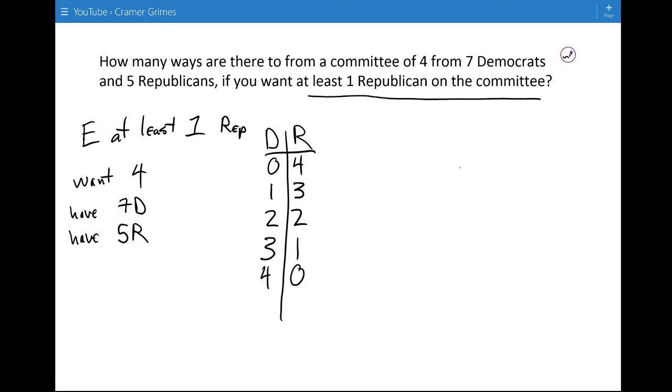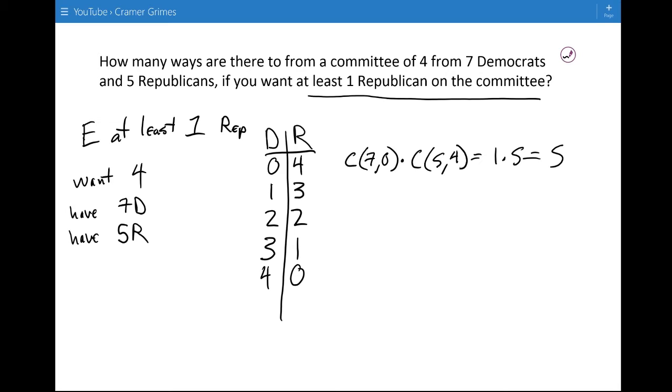So for this first row, 0 Democrats, 4 Republicans, I could write that out in combinations. Combination of the 7 Democrats, choose 0 of them, 0 Democrats and 4 Republicans, and so I multiply. That would be combination of the 5 Republicans, choose 4. 7 choose 0 is 1. 5 choose 4 is 5, giving us 5.